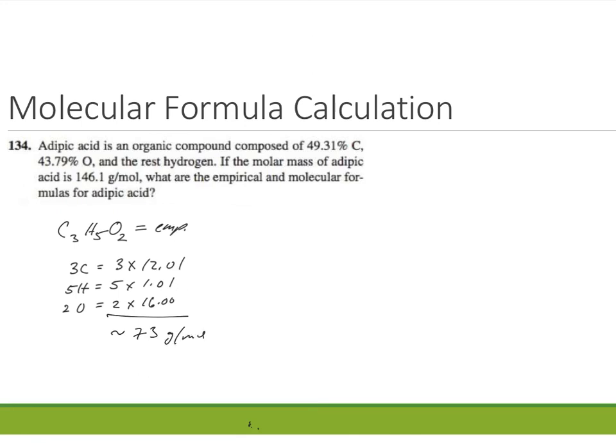I'm then going to take the molar mass, given as 146.1 grams per mole, and divide by the empirical formula mass of 73. When I do that, I get an integer, 2. So this number becomes a multiplier for the subscripts of the empirical formula. So my molecular formula now becomes C 3 times 2, H 5 times 2, O 2 times 2, or C6H10O4.